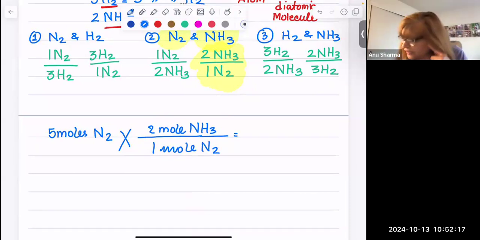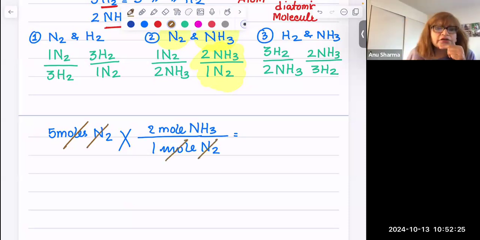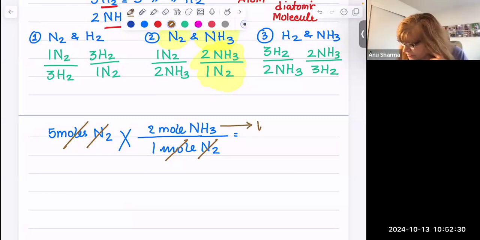Okay, so what do you see here? You see that in this case, the moles of nitrogen cancel out. And this is what you want, so that is why this remains on the top. And what is left next is 5 times 2 divided by 1.